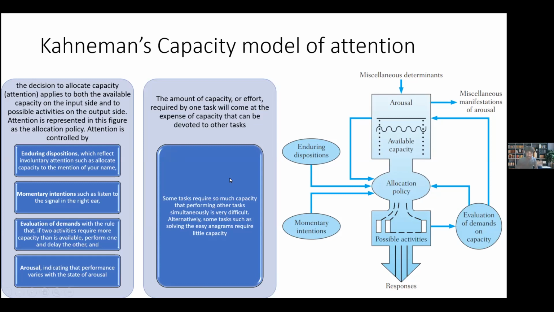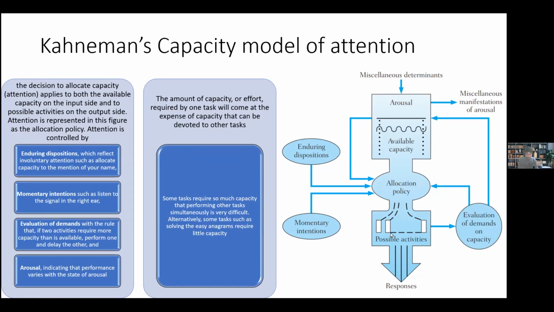So attention here is allocated based on the allocation policy. We have 3 allocation policies here: one is enduring disposition, the other is momentary intention, and lastly evaluation of demands. Let's say you have 2 different tasks. One task is watching a movie, and the other is reading, let's say, quantum mechanics.